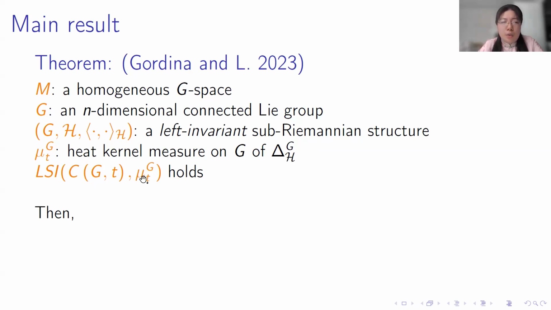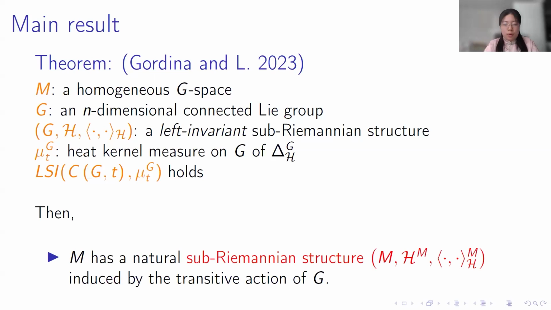Here, let us assume a hypoelliptic log-Sobolev inequality holds with respect to the heat kernel measure on the acting group G. Then here is what we proved. First of all, we proved that the homogeneous space also has a natural sub-Riemannian structure, this triple, and this is induced by the transitive action of G.